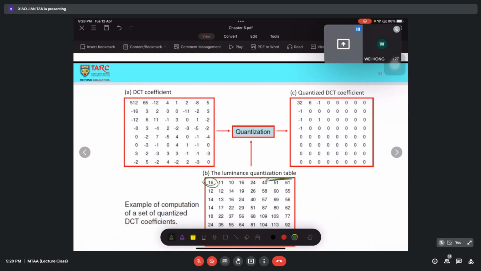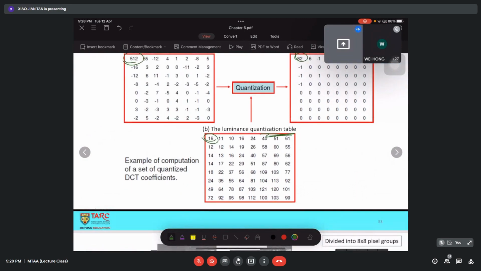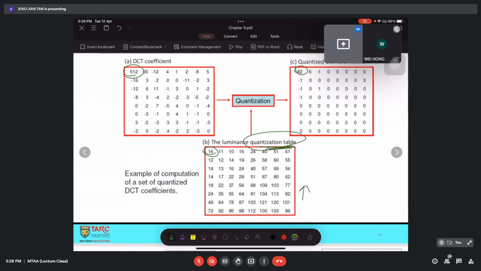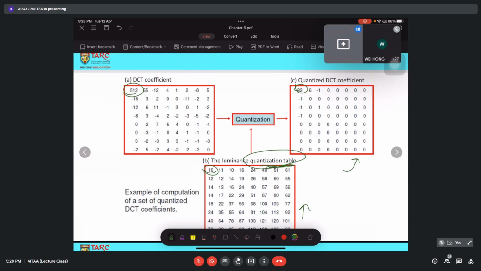Say this is the quantization table: 512 divided by 16 gives this one. If the values in the quantization table are higher, the output will be smaller, which means the compression ratio will be greater.